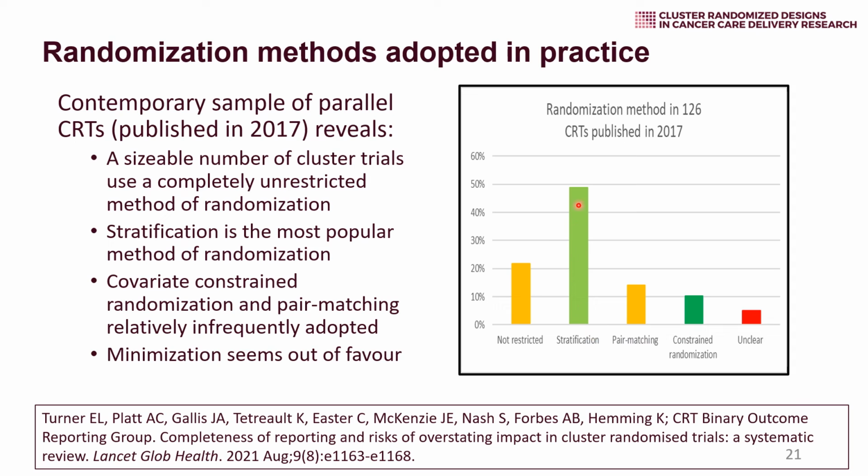Stratification is by far the most popular method of randomization. Pair matching and covariate constrained randomization are adopted, but relatively infrequently compared to stratification. And in a few study reports, it's actually unclear what method of randomization was used.